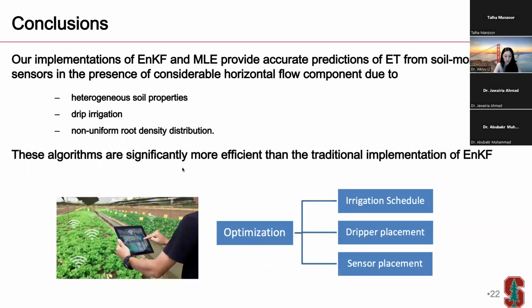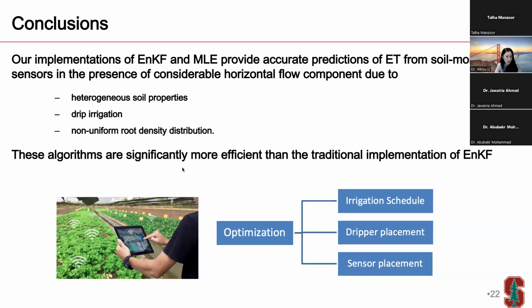And for conclusion, we developed 2 efficient strategies for estimating evapotranspiration rate from soil moisture sensors in the presence of a considerable horizontal flow component due to heterogeneous soil properties, the drip irrigation pattern, and the non-uniform root density distribution.